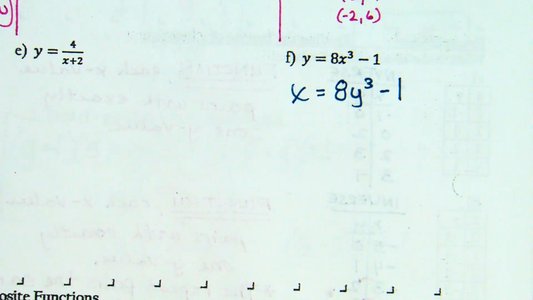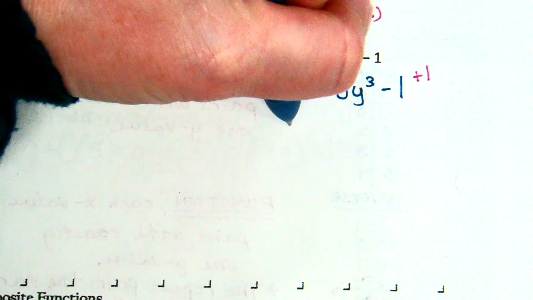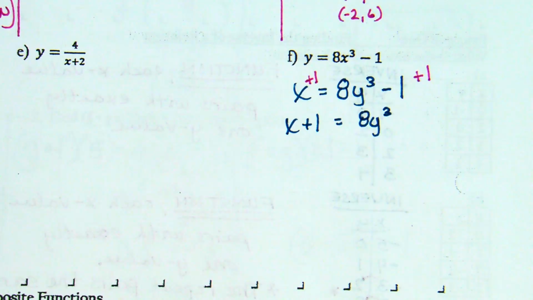Okay, if it's 8y cubed, how do I solve for y? Don't worry about the 3 yet. Divide by 8. If it's 8 times y cubed, divide by 8 first. Now, I talked about in that previous one, we can do the 8 divided into both pieces, right?